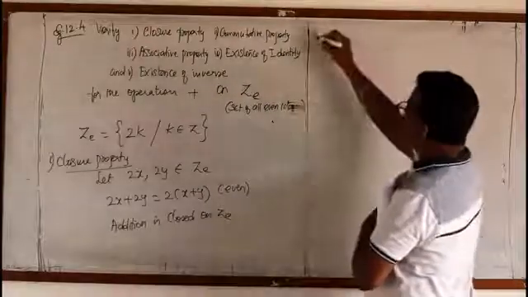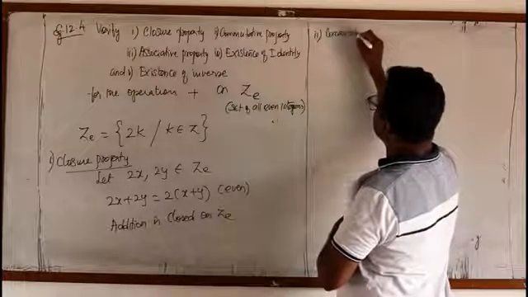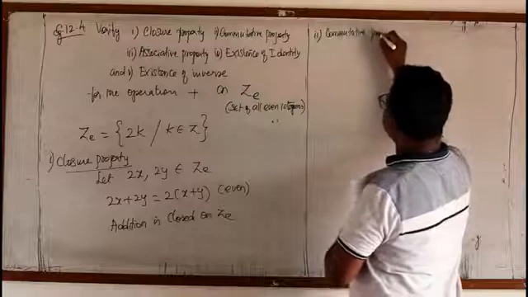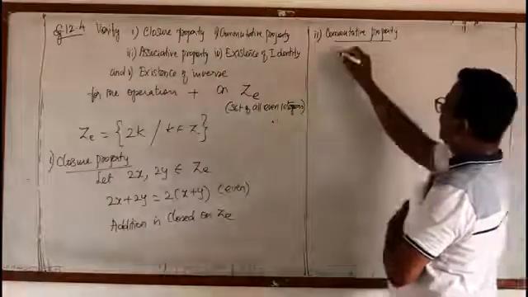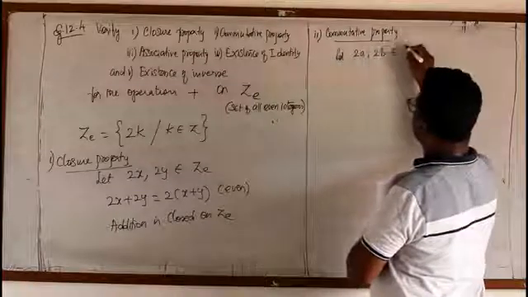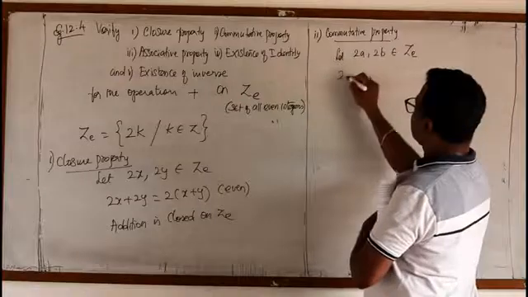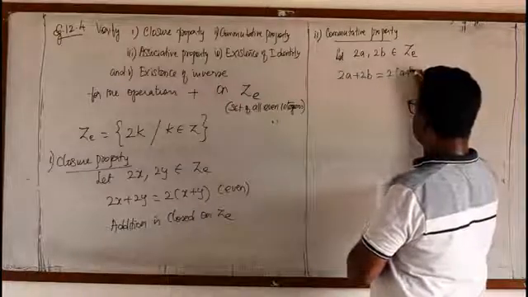We shall go for the commutative property. Let 2a, 2b belong to ZE. 2a plus 2b equals 2 into a plus b.